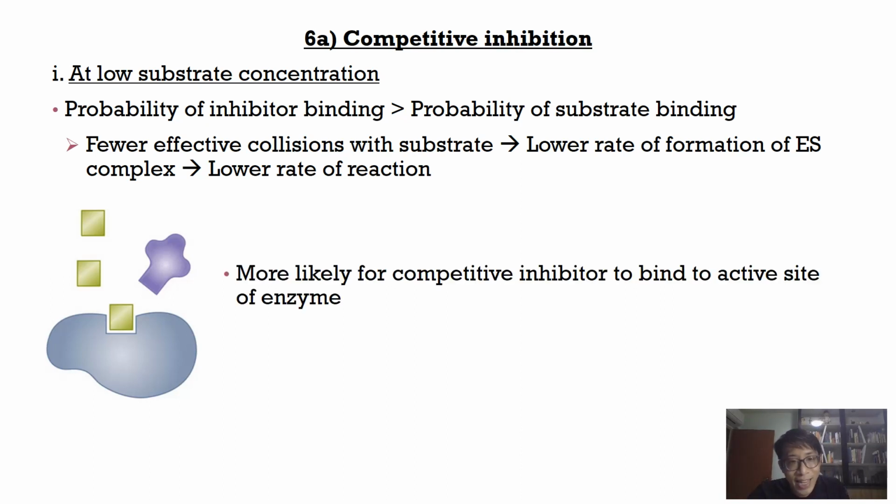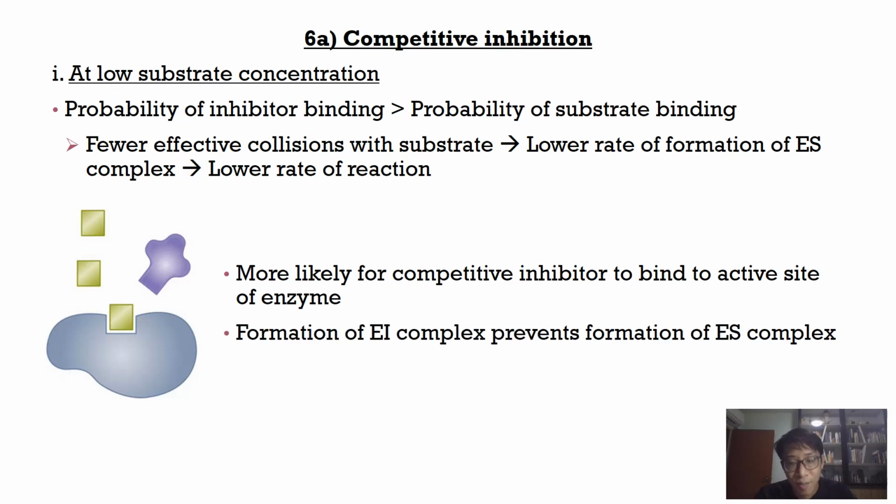Again, the likelihood of the competitive inhibitor binding to the active site of the enzyme is higher at low substrate concentration. As mentioned, formation of the EI complex prevents formation of the ES complex by blocking the active site, preventing effective collision, and therefore this lowers the rate of reaction.